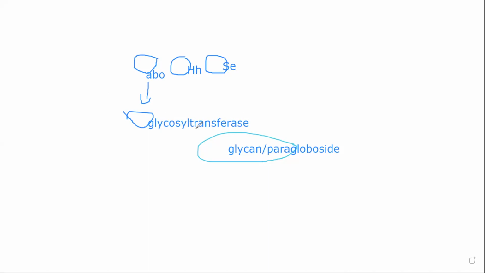Kasi ang role ng ating glycosyl transferase, sabi natin, they add or transfer a particular sugar into this basic precursor called your glycan or paragloboside.